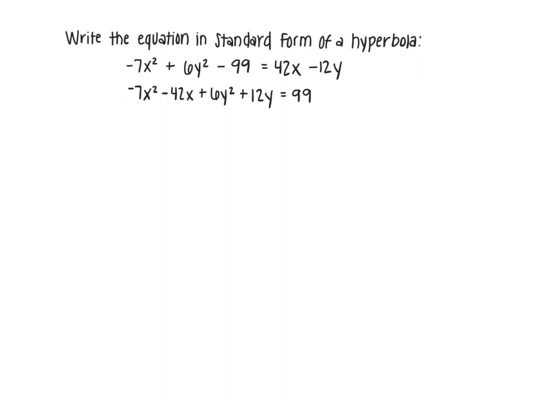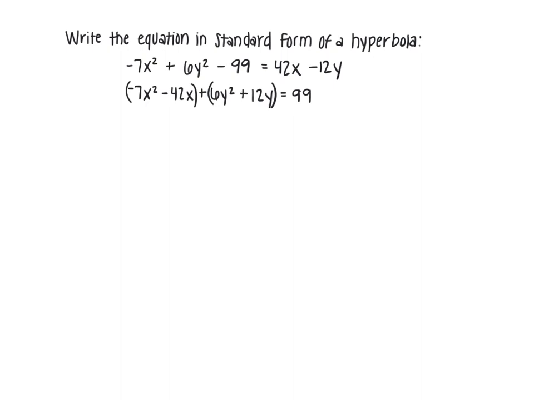Then I'm going to throw parentheses around my x's and around my y's, and I'm going to check to see if there's anything that I can factor out here. I see that 7 and 42 have a negative sign and the factor of 7 in common. And then I can also see that 6 and 12 have the factor of 6 in common.